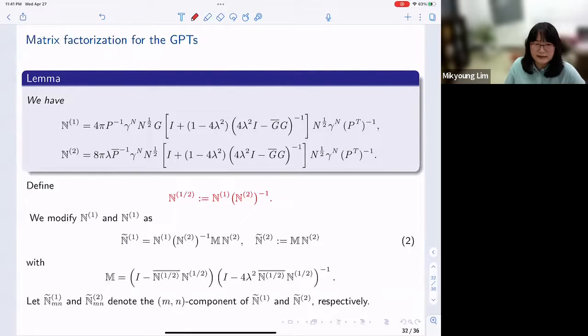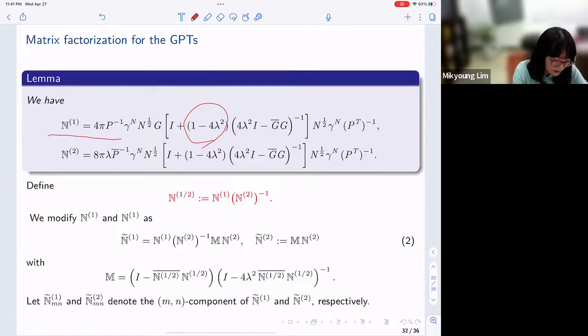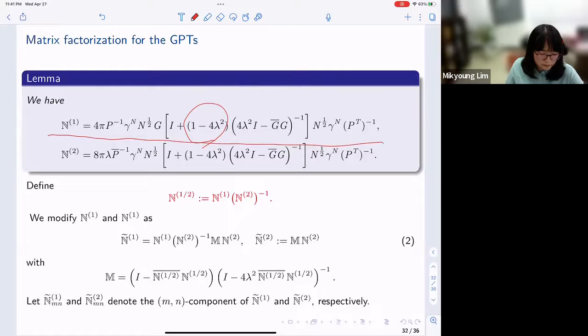Now the remaining question is how to generalize this result to the arbitrary conductivity case, because we got a nice formula for lambda equals plus or minus 1/2, where the second part equals 0 for the extreme case. But when lambda takes other values, it's not trivial to get information from the first relation and the second relation.